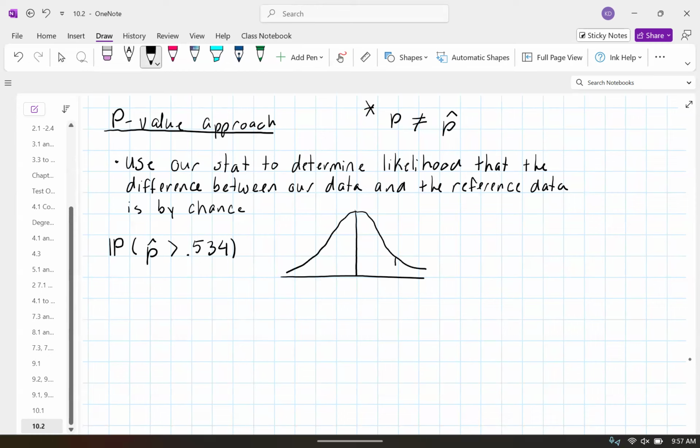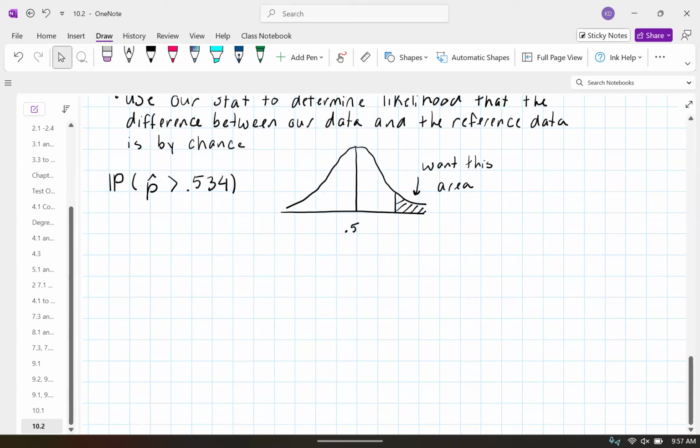So our number was higher than our mean was 50. We want the probability that something due to chance is in this tail. That's our goal.